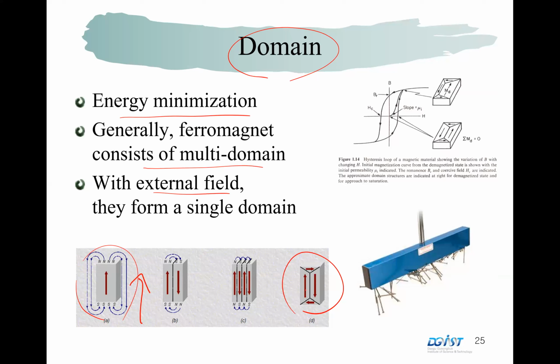As you see here, the magnetization of each domain has this form, and there's no stray field outside of the ferromagnet. So it's one of the lowest energy states. But it's a very simplified version. The reality is a little more complicated, but please remember that the system wants the energy minimum. So we always need to find the energy minimum condition to figure out which domain configuration is the stable one.